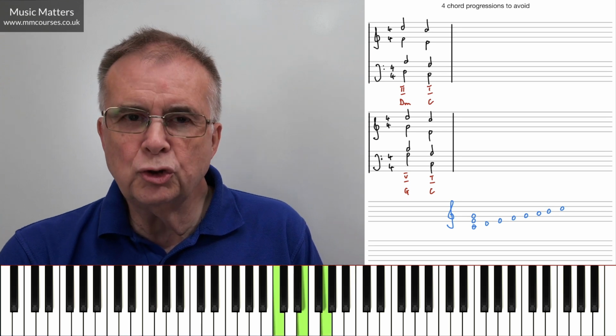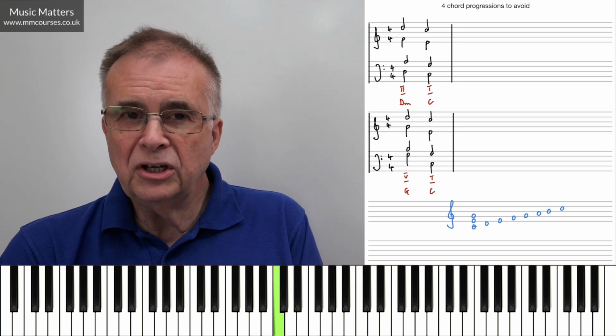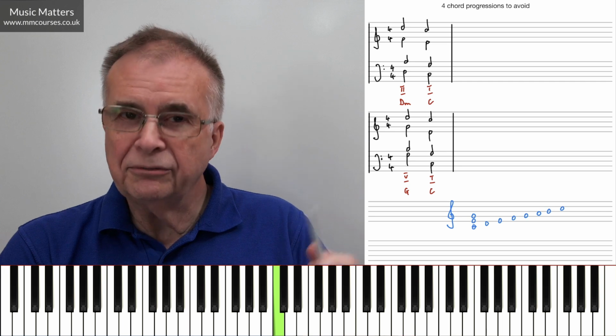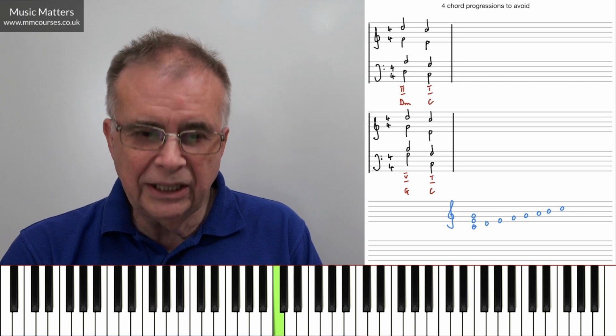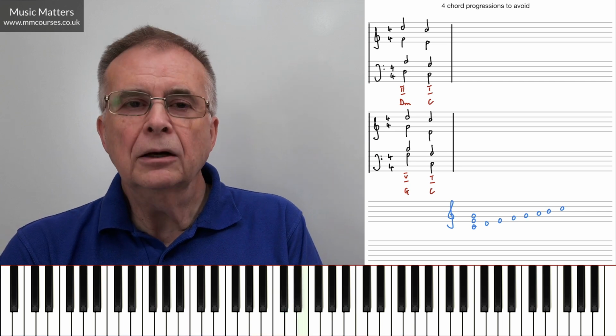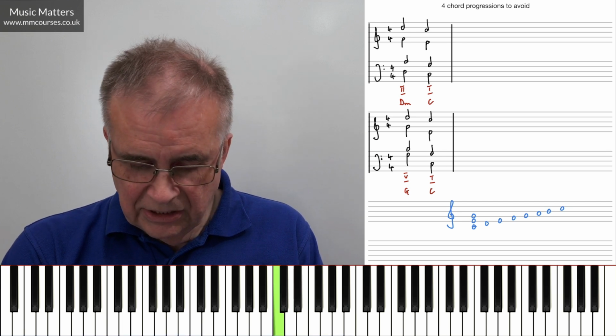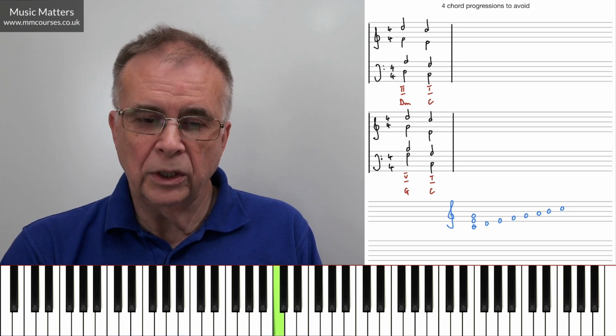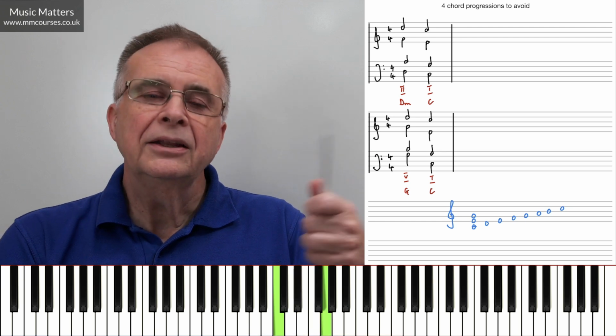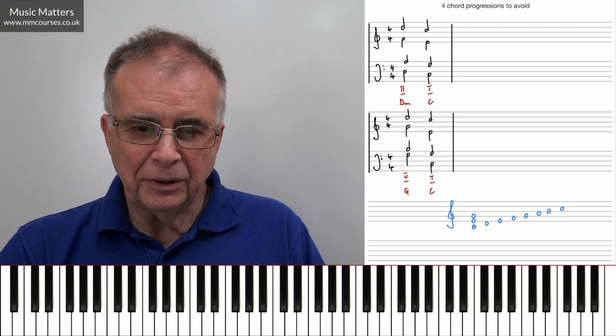So there's the first triad, based on the first note of the scale, C, the first degree of the scale as we call it. C, D, E, 1, 2, 3, that's why E is a third above C. C, D, E, F, G, 1, 2, 3, 4, 5, that's why G is a fifth above C.